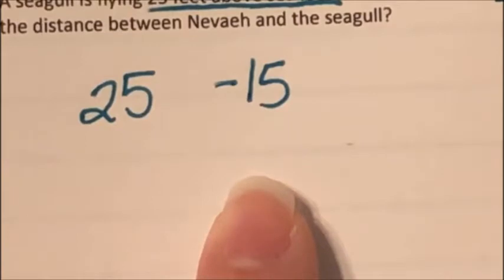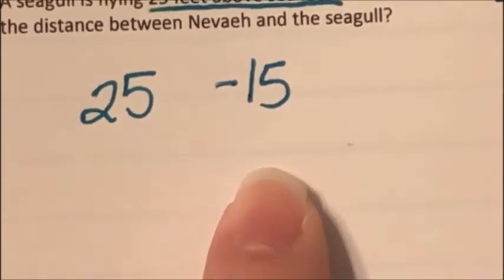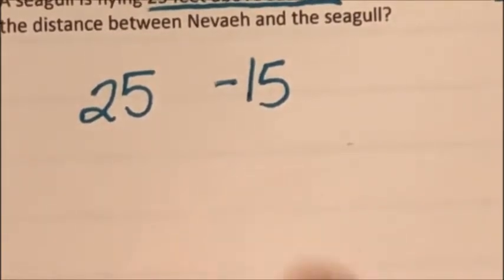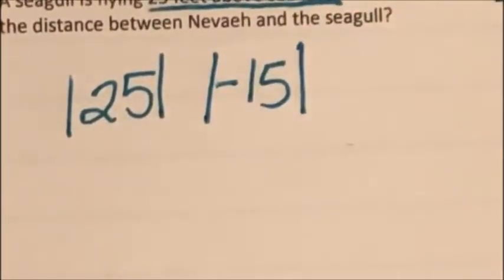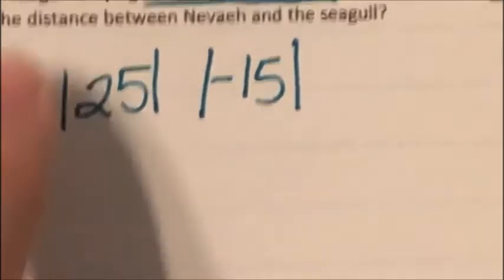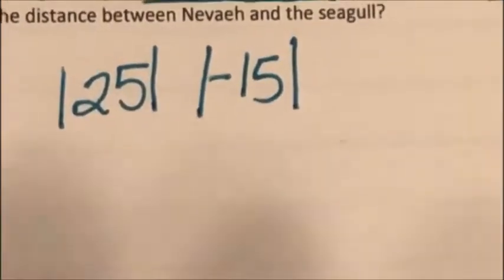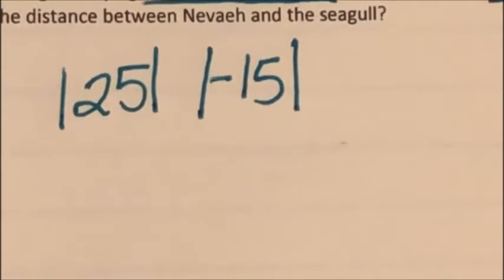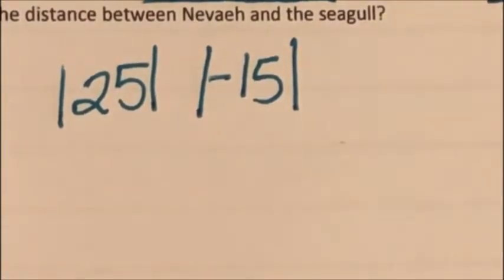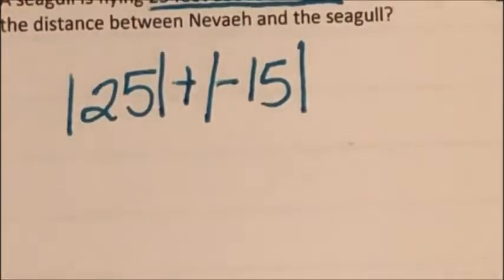I want to figure out the distance between Nevaeh and the seagull. Well, distance is positive, so both of these have to be absolute values. So if I go from 25 feet down to where the water is, that's to 0. And then I go another 15 feet below that, because she's below the water line. So I'm going to add these two things together.